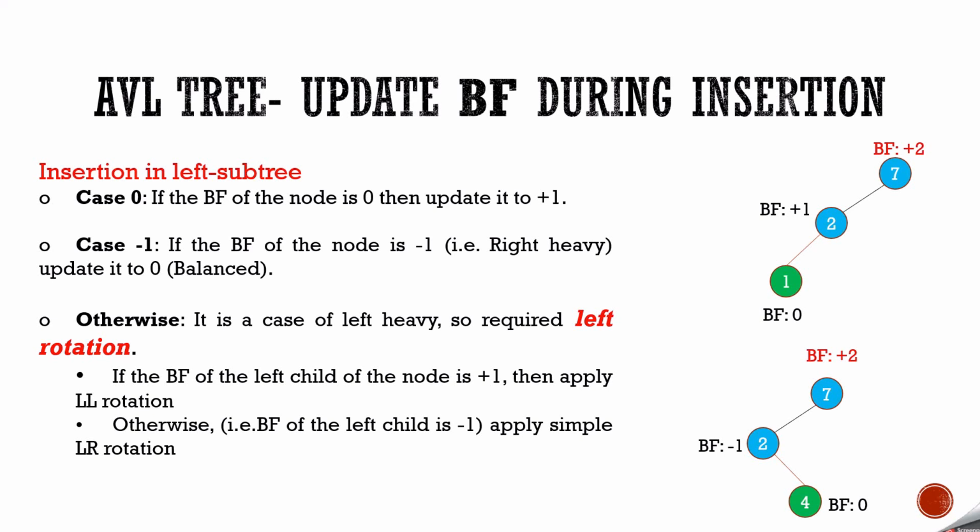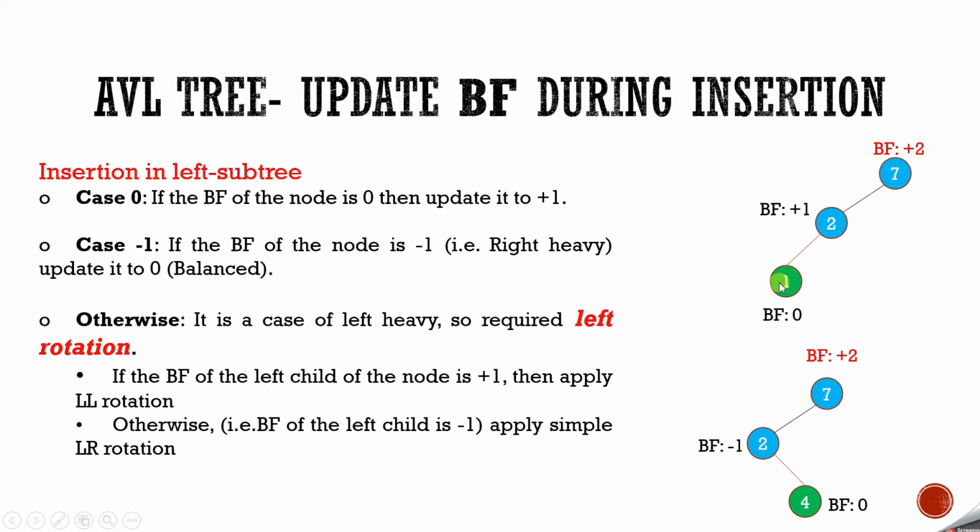So how will it happen? You see, if the balancing factor of a left child of a node is +1, let us take an example where I am adding to the left child of a node. The left child of the node is 7. I am talking about 7. I add a new node in its left child. That means the balancing factor by that time is +1, so naturally that particular node, 7, is going to achieve a balancing factor of +2.